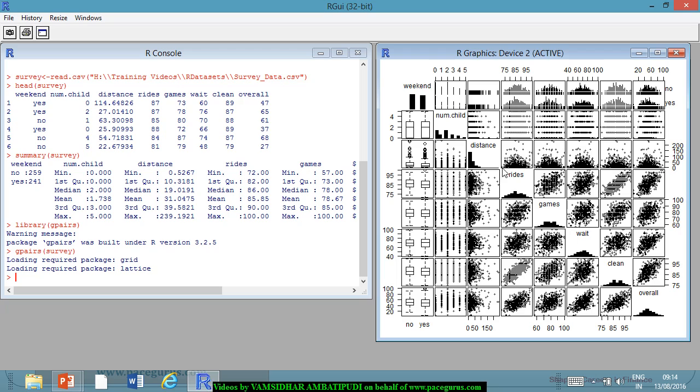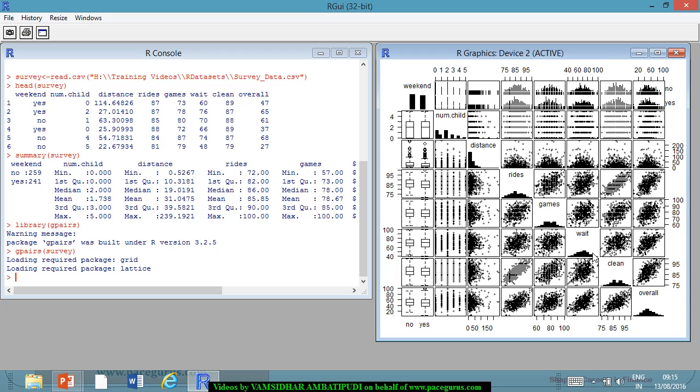Across the diagonal, I am seeing histograms. Here it is weekend versus weekday, number of children, which is discrete. With respect to distance, there looks like a lot of skewness towards the right. You see a whole chunk of values towards the left, but towards the right there is nothing much, which means there could be a lot of positive skewness in the data.